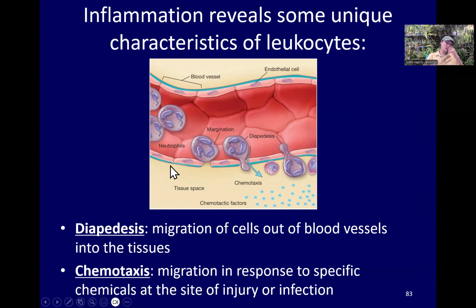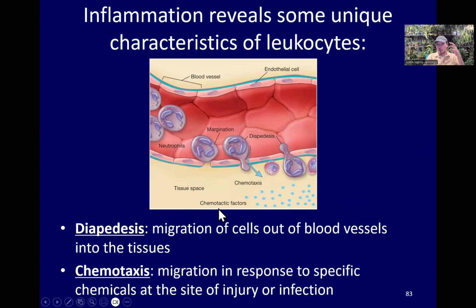neutrophils, and they catch on the wall of the endothelial cell. They're tumbling through this liquid, this blood. And as they tumble, they'll catch one of those receptors, and it will slow that tumbling down. And then a second one will catch, and then a third one will catch.